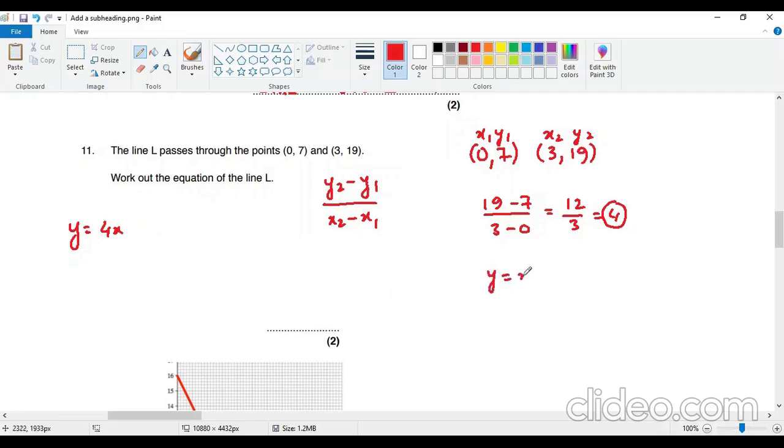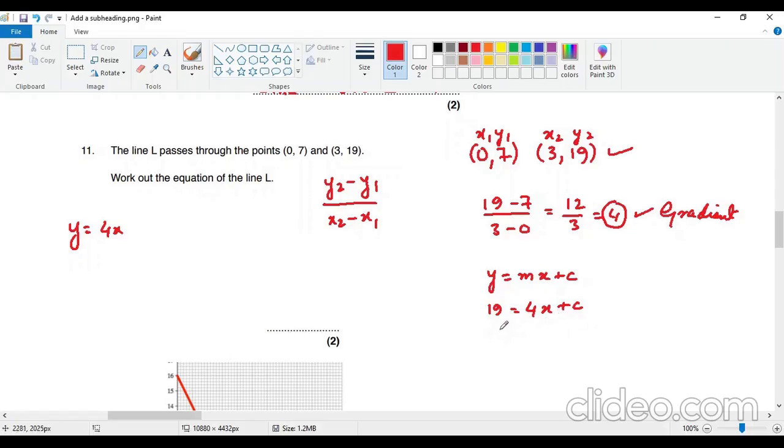In y equals mx plus c, we can take any point we want. So I'm taking this point. So y equals 19, m is 4, we know already from here, this is the gradient. 4x plus c, we don't know, and we need to find out what the y-intercept is.